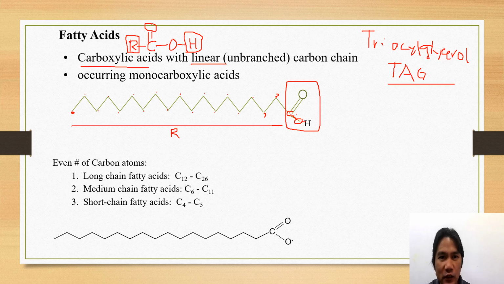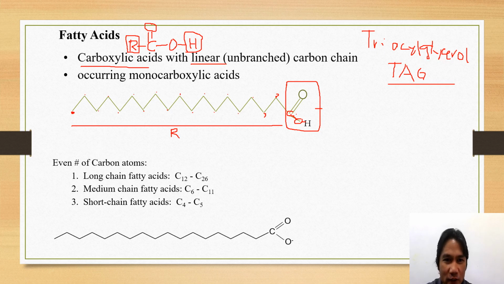it says here that a carboxylic acid has a linear carbon chain with a carboxylic group. This is the carboxyl group. Usually they have an even number of carbon atoms. But in this illustration, there are 19. But it's okay.